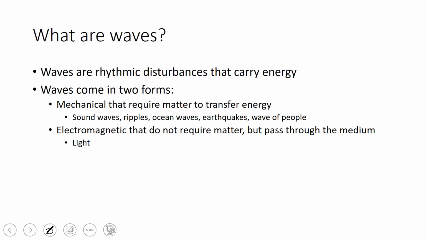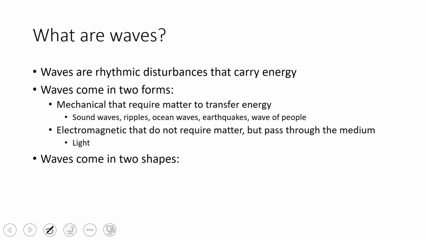And so light does not need matter in order to move and transfer energy like waves do, but light can pass through mediums. Light can travel through water. Light can travel through air. Light can travel through other objects, but light does not require those objects in order to move and carry that energy.